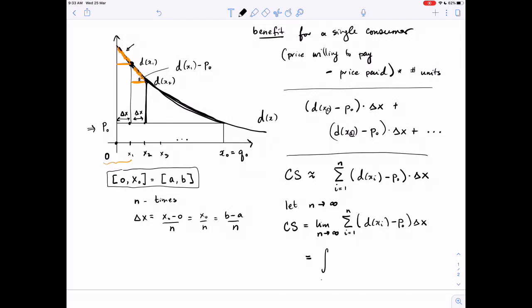So the integral from 0 to x naught of our function d of x minus our other function, which is the straight line p0, times dx. So there is consumer surplus explained in terms of Riemann sums and why it is represented by the area on a demand curve graph.